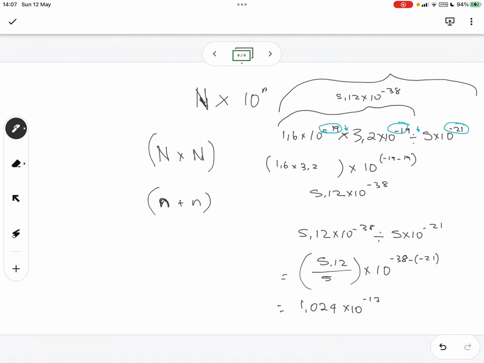5.12 times 10 to the negative 38. So 2.56. Wait, now where does this 2.56 come from? Okay, that's not correct. 5.12 divided by 5.